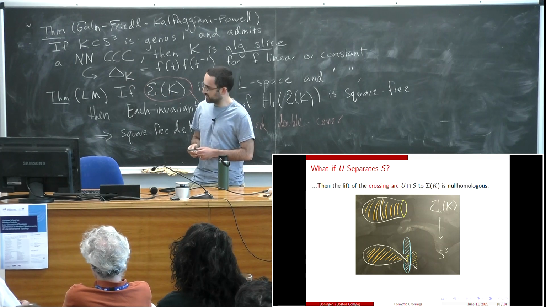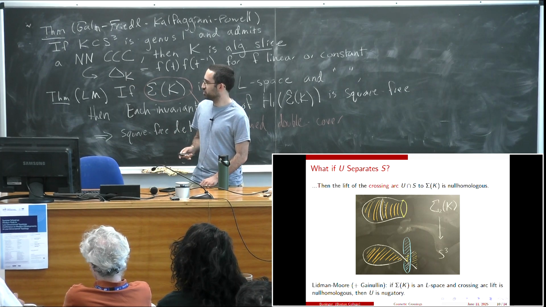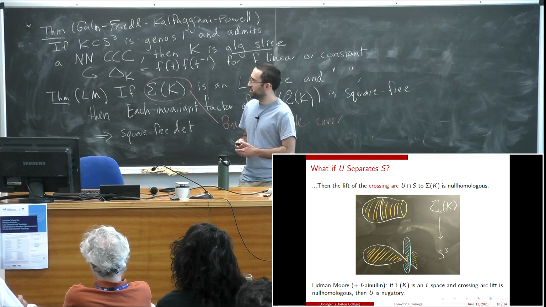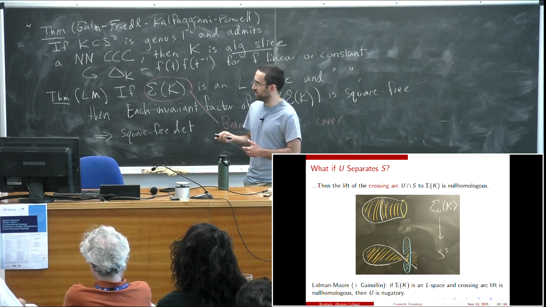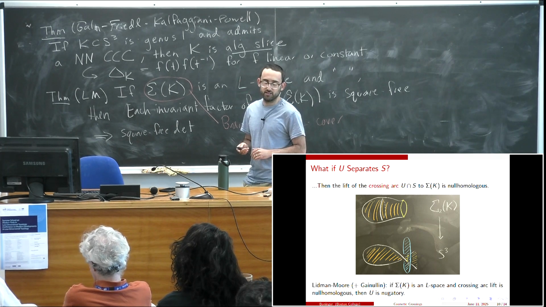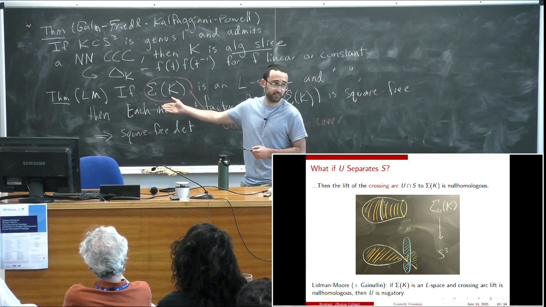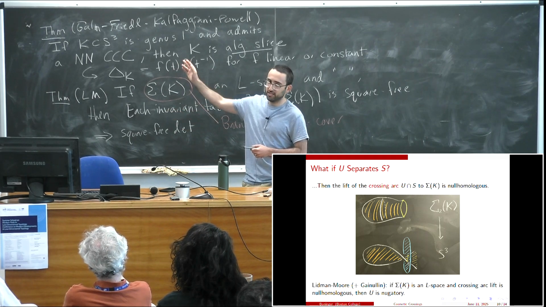And here we're going to use another tool, which was used by Lidman and Moore in their result, which is that if the branched double cover is an L-space, and the crossing arc lifts to something null homologous, then the crossing change is nugatory. So what's under the hood here is the surgery characterization of the null homologous unknot in L-spaces due to Gainullin. So you can argue that a cosmetic crossing change downstairs gives you a cosmetic surgery upstairs.